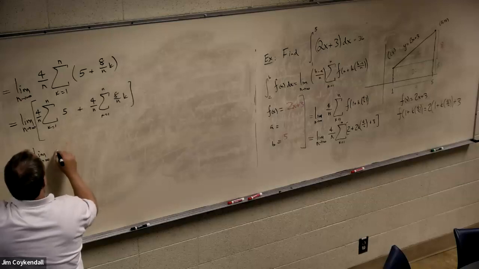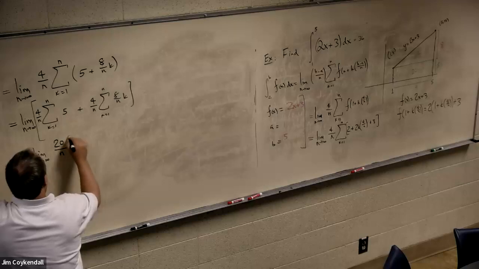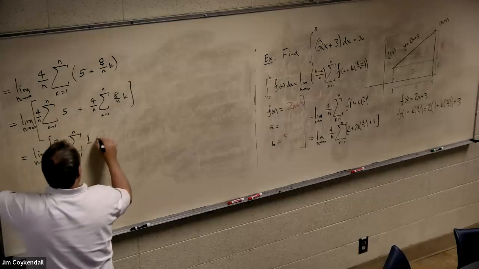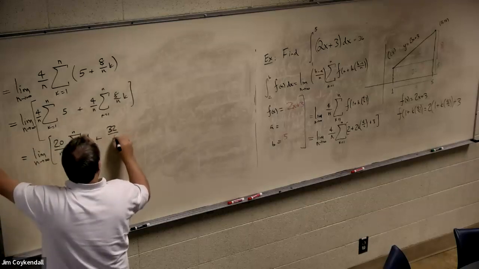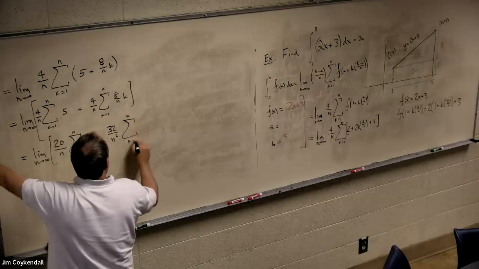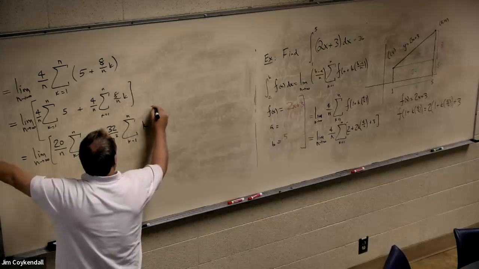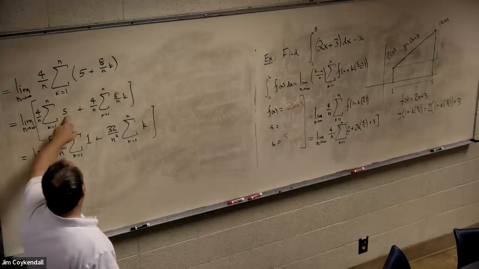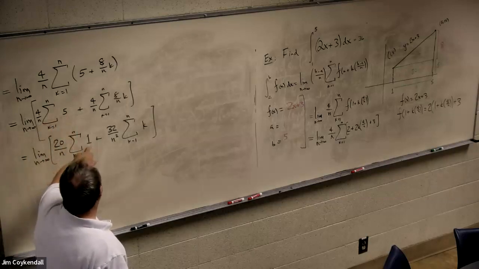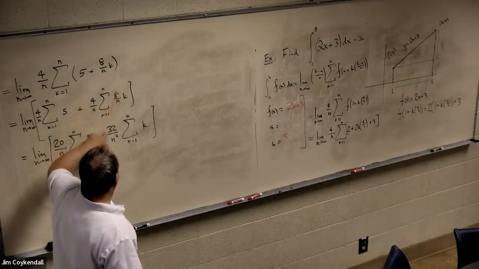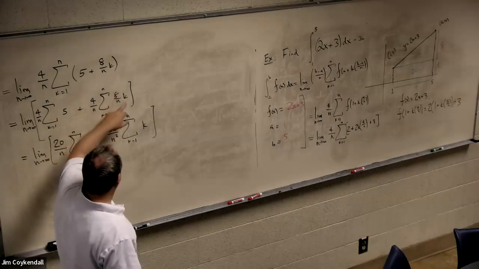That's 20 over n, plus 32 over n squared. All I did here is I pulled 5 out, leaving me 1, and I pulled the 8 over n out, giving me 32 over n squared, leaving me k.